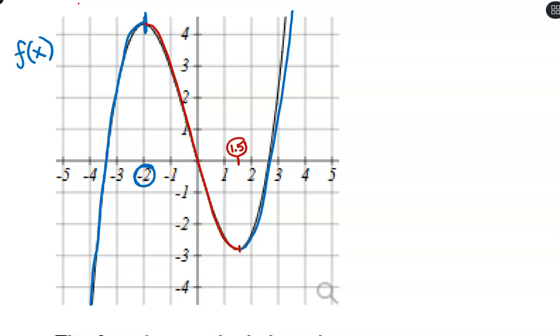Now for increasing, that happens in two spots. And on this left-hand side, so we know it ends at -2, where it's really starting is out at -infinity. So we're going to have -infinity to -2, and then it starts increasing again, so it has a positive derivative starting at 1.5 and going off to positive infinity.